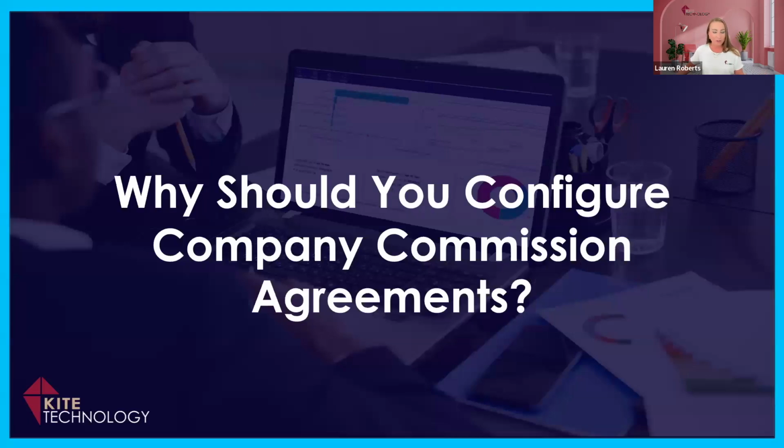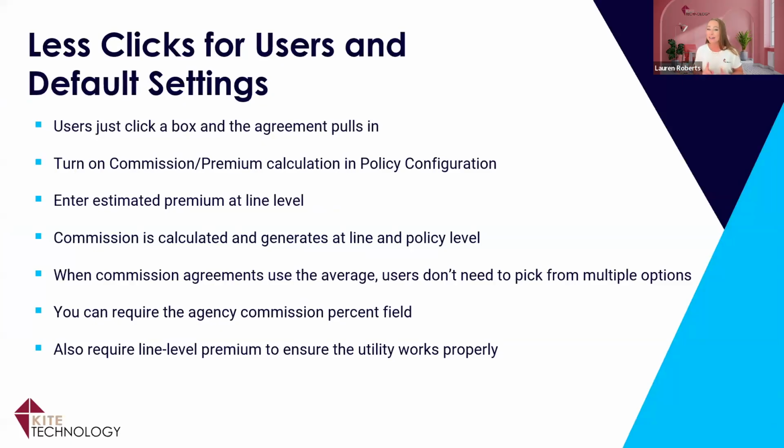So first, of course, we are going to talk about why. Why in the world should we configure company commission agreements? Because I know what you're thinking. Holy mackerel, these things are so complicated. There's so much information. I'll never ever get this done, right? I mean, that's what I thought when I first started doing it in my agency a long time ago. I was like, there's no way that we could possibly get all this stuff in.